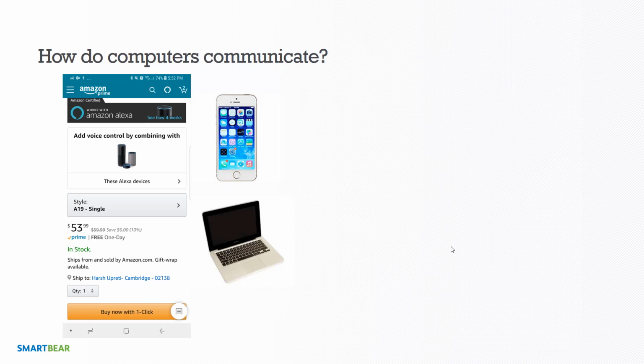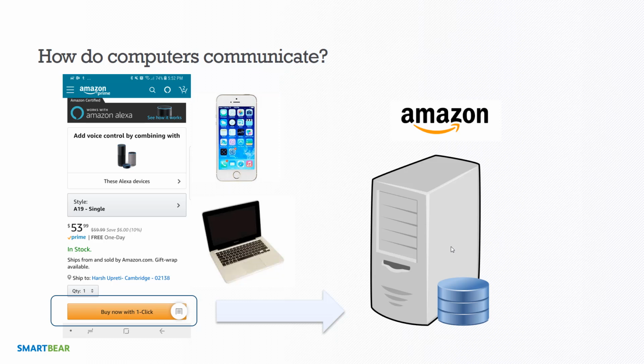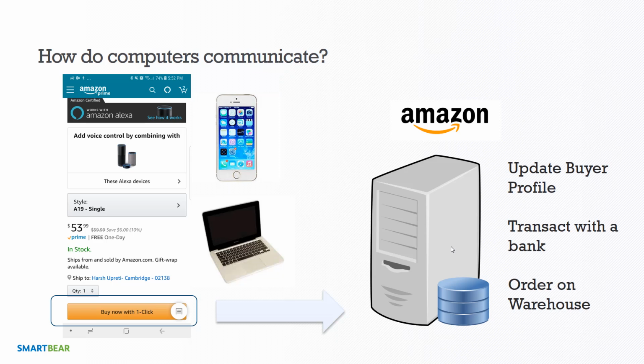What happens when they communicate? So more than communicating, these devices, computers, your cell phone, when you do some action on these applications that they're running, they trigger execution of a job. Something happens. Like, for example, if you click the buy button, it's the Amazon computer on the other end that receives a signal, and it does the following. Number one, it updates your profile.